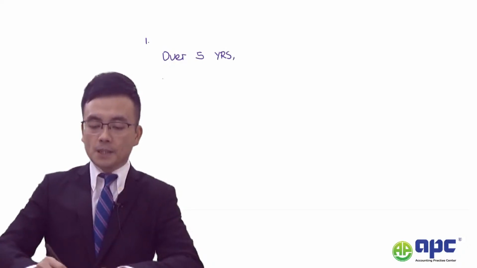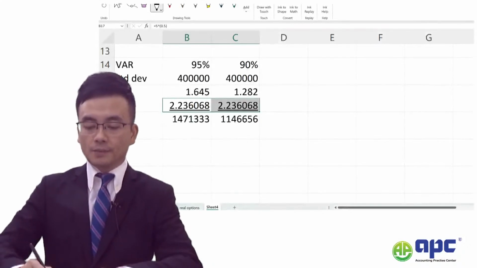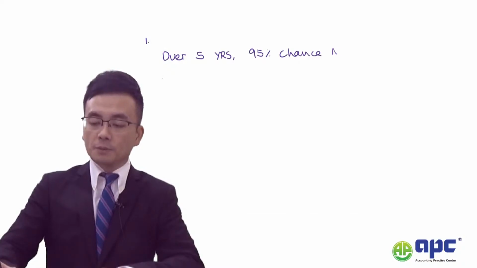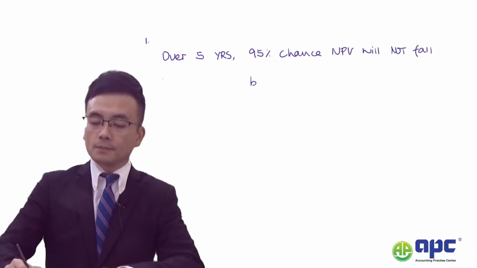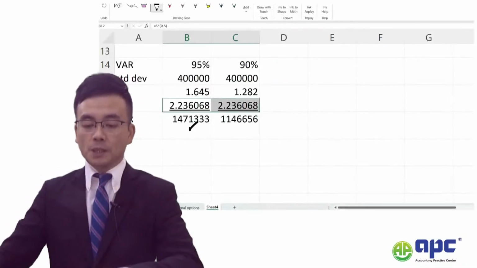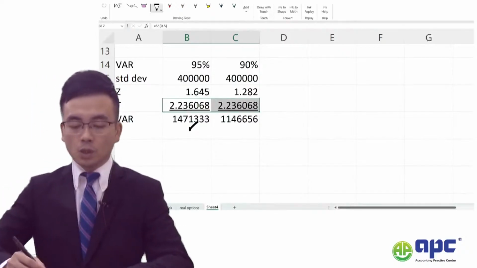Starting with the years, over 5 years, we've got a 95% confidence level, so a 95% chance that the NPV for the project will not fall by more than how much? According to my calculations, it is 147,133.